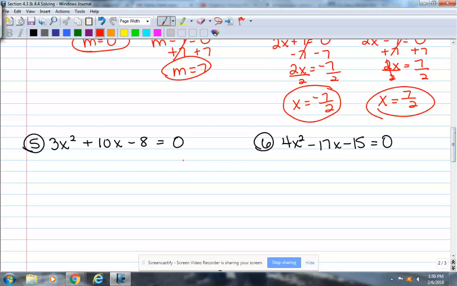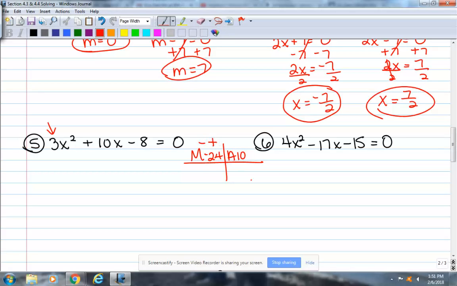I need 2 numbers on this first one that multiply to get what? First times last. If there's a number right here in front of x squared, you have to multiply first times last. So what's 3 times negative 8? Negative 24. And then you add to get the middle. So remember, I need a negative and a positive to multiply to get a negative 24.